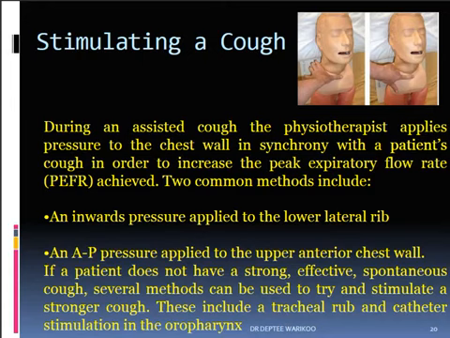The two common methods could be an inward pressure applied to the lower lateral ribs or an AP pressure applied to the upper anterior chest wall. Any two things you could be using. If the patient does not have a strong, effective, spontaneous cough, several methods could also be used. We can use tracheal rub, we can use catheter stimulation in oropharynx.